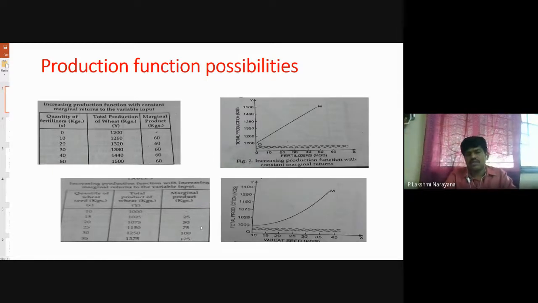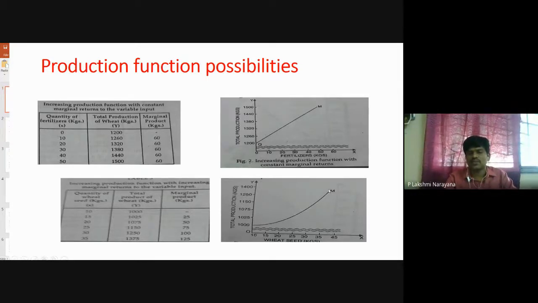This can be shown in a graph. In the constant returns, the diagram looks like a straight line. But here the diagram is an increasing trend. First slowly increased, then sharply increased. Same data you can use.